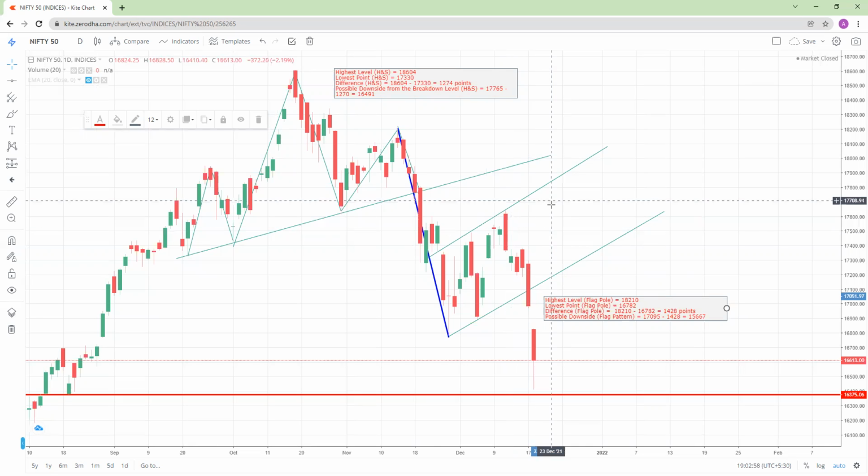So we thought that this time also this could be a possible trap created by the big players to acquire stocks from small players at lower prices. On the very next day, it did form a spinning top type of candle, so there was a possibility that Nifty 50 might move up from here.